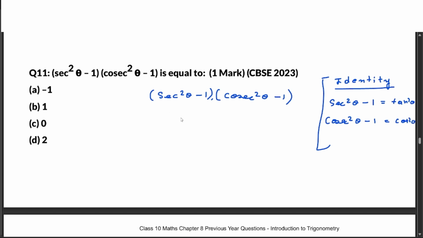So we can substitute the values here: tan square theta times cot square theta. And you know tan and cot are inverse to each other, so both will get cancelled and it is equal to 1. So the option is B. Hope it's clear.